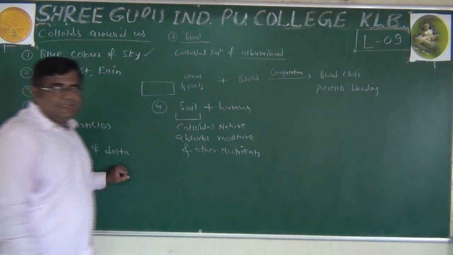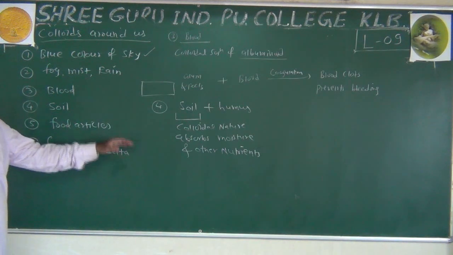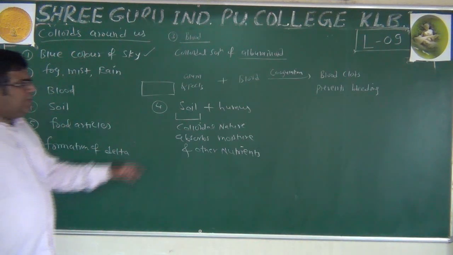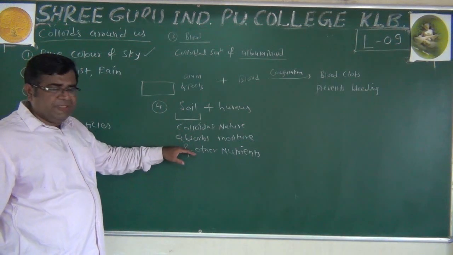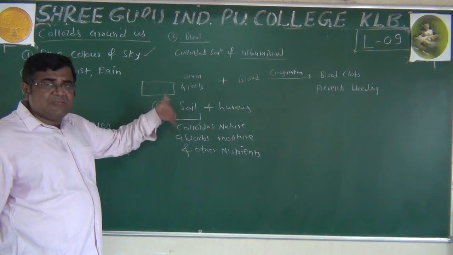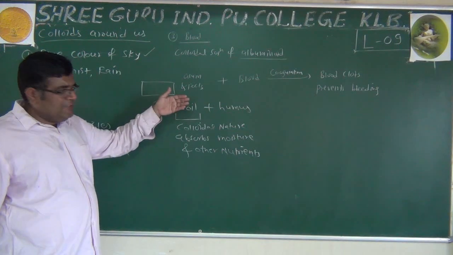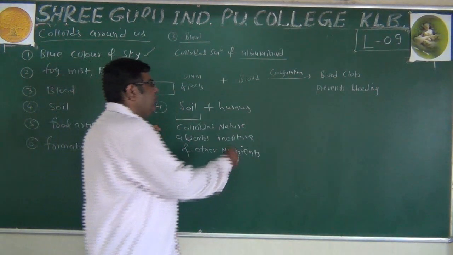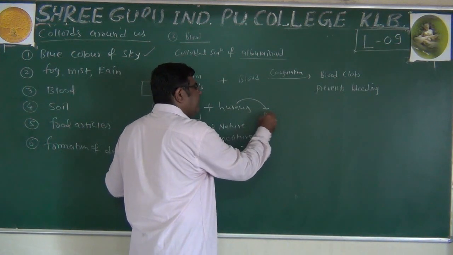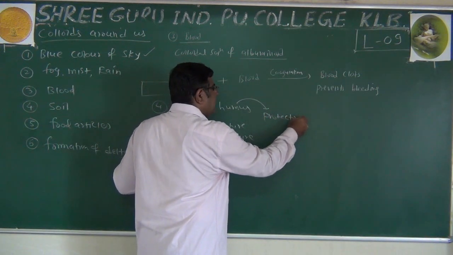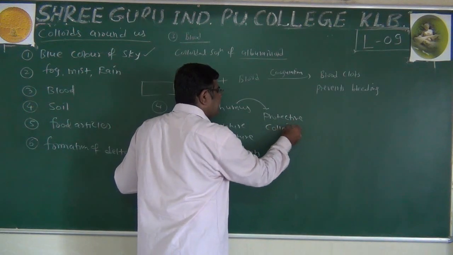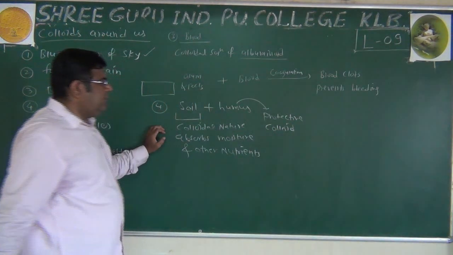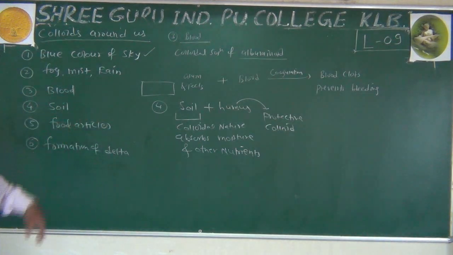This is very important, that soil should absorb moisture and nutrients, because only then will agricultural production increase. And soil is able to do that because it is of colloidal nature. What is the role of humus here? It acts as a protective colloid, and it stabilizes the soil which is of colloidal nature.